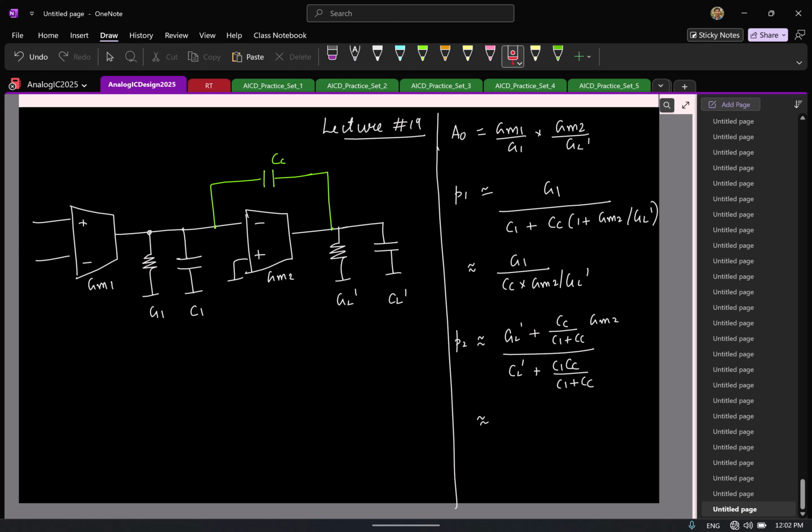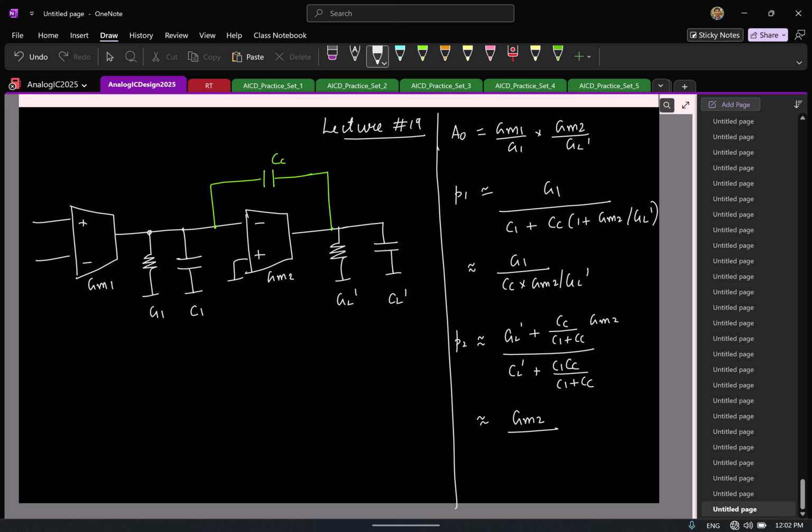Why? What can you say about the DC gain of the second stage? What is the expression for DC gain of the second stage? GM2 by? Is this smaller than 1 or greater than 1? This must be greater than 1. So how can I approximate this further? GL prime or GM2? GM2.